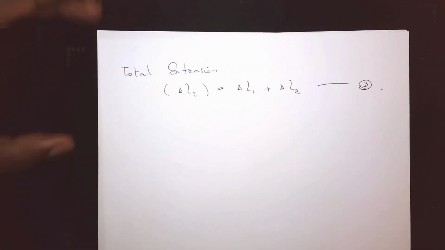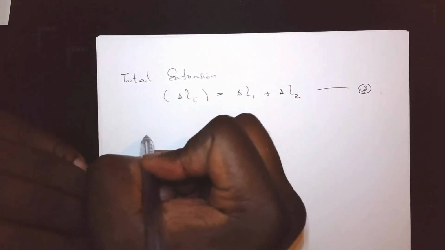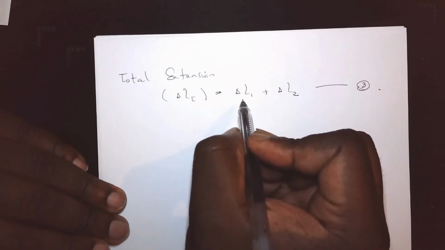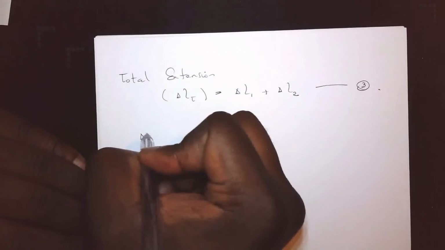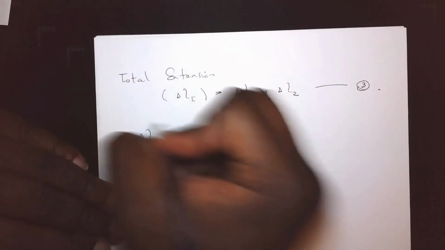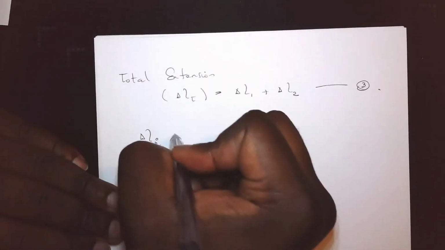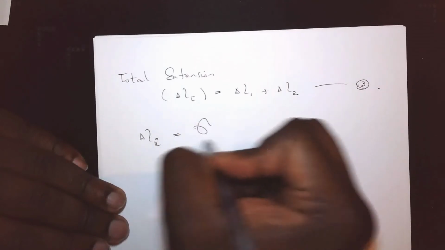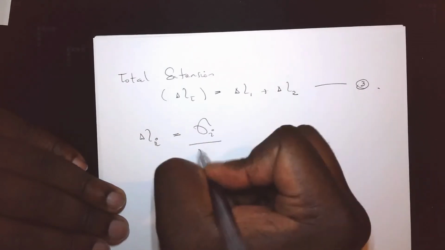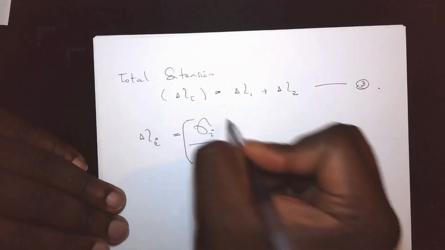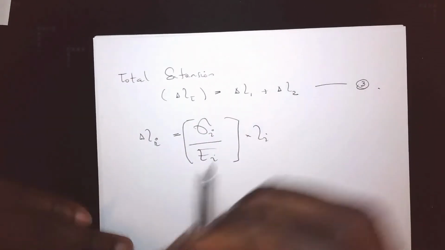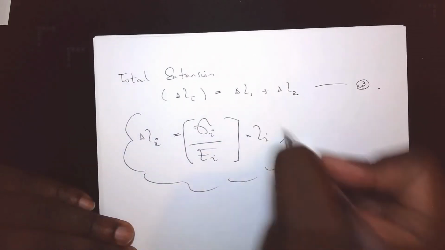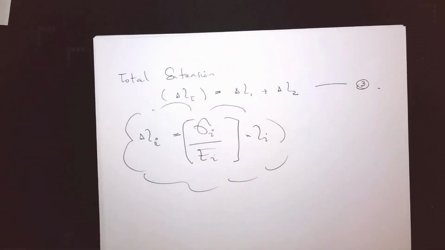Alright, but we previously deduced that to calculate the extension with respect to the stress and the Young's modulus, delta Li is equal to sigma i over Ei multiplied by the original length. So we deduced this equation from the previous problem. So this at least saves us a lot of time.